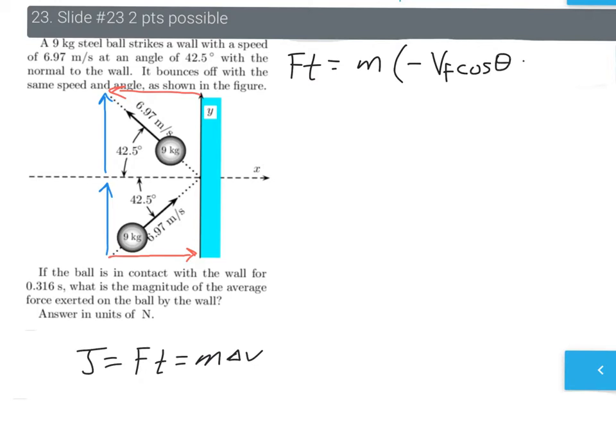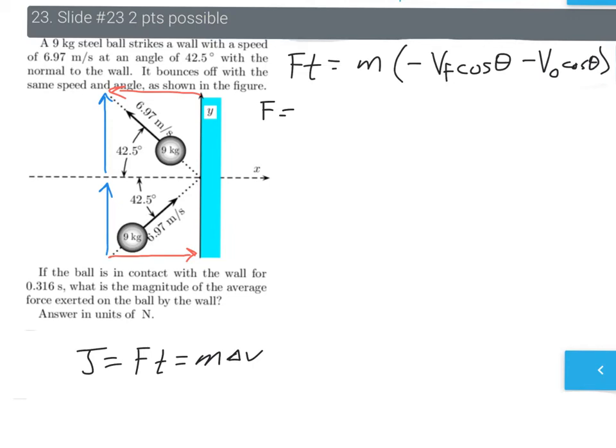Then we're going to subtract the original velocity, the horizontal piece of that, V naught cosine theta. So if we are going to solve for the force, that's going to be the mass we have on the right-hand side divided by time.